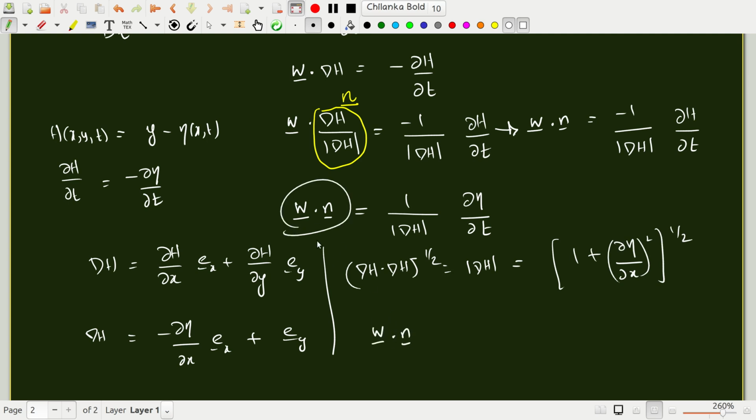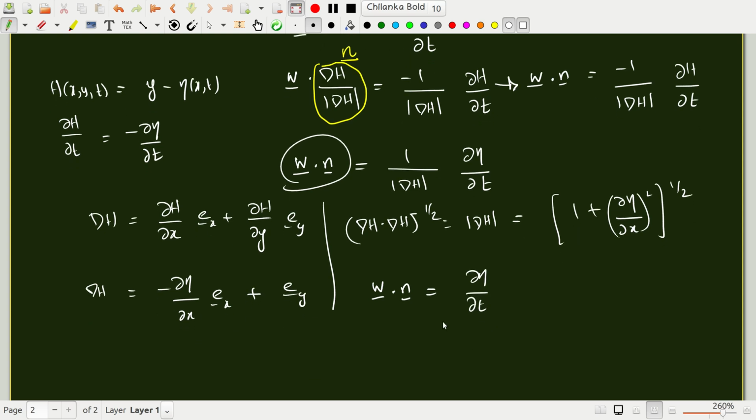from here is nothing but, you have 1 over mod del h, so you write partial eta by partial t divided by the square root. Now this is the exact equation.